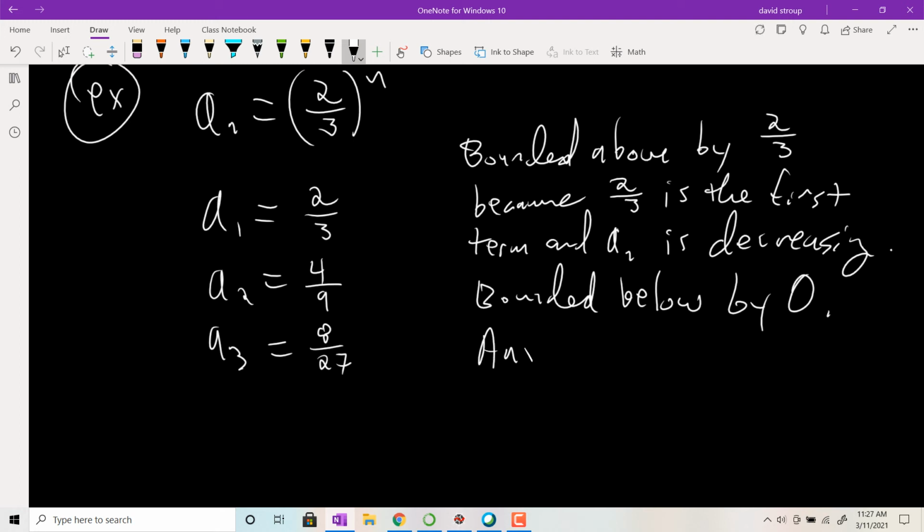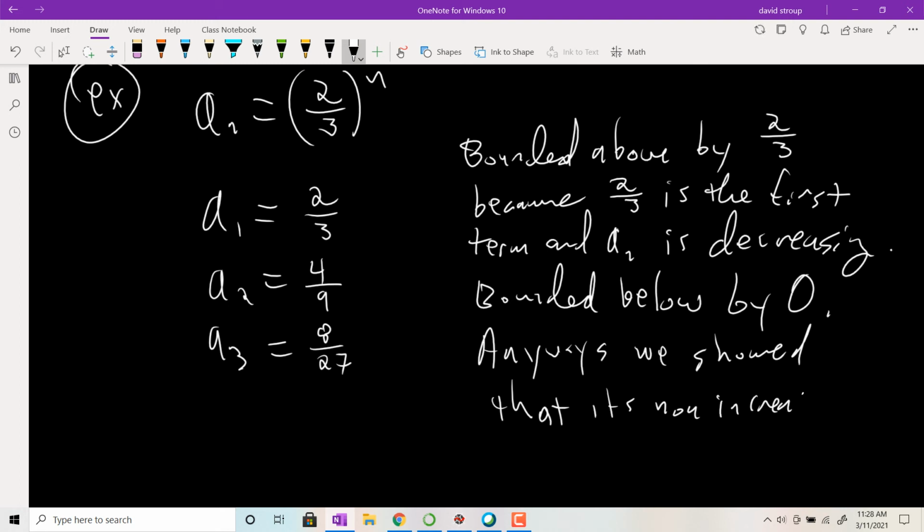So anyways, what do we have then? Anyways, we've shown that it's non-increasing. And then secondly, we've shown it's bounded below.